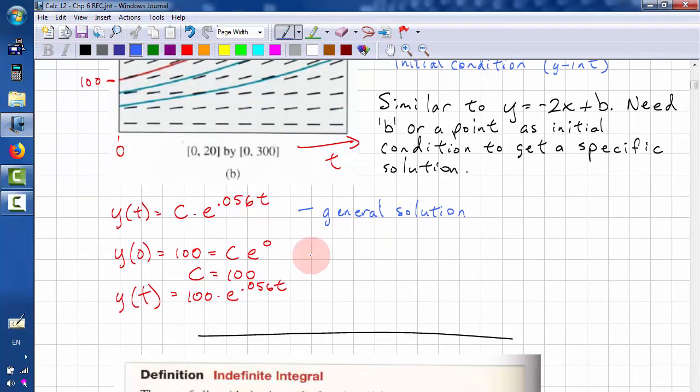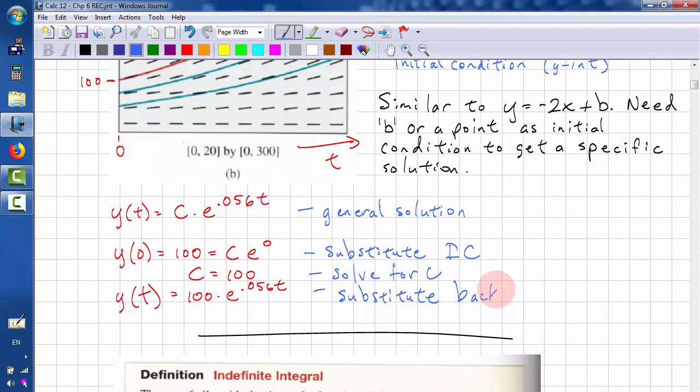And to get a specific solution, substitute the initial condition, solve for c, and substitute back for the specific solution. Okay, so the answer to this, the specific solution, is 100 times e to the power of 0.056t.